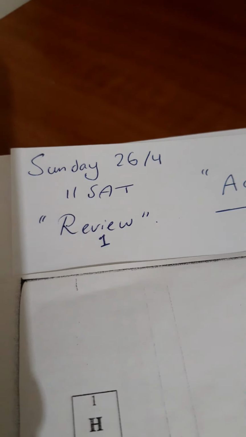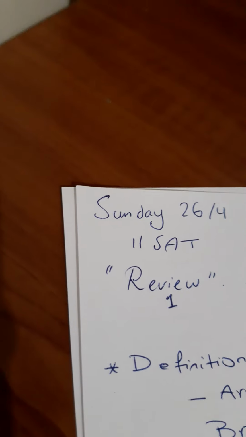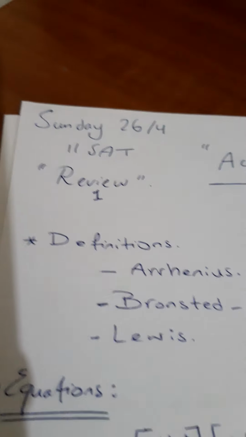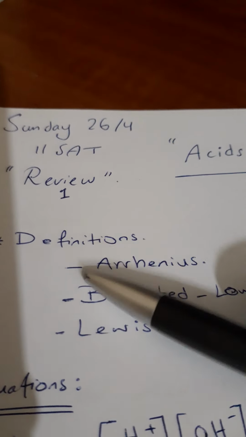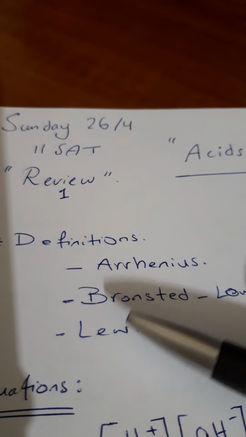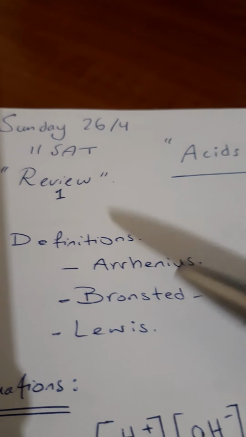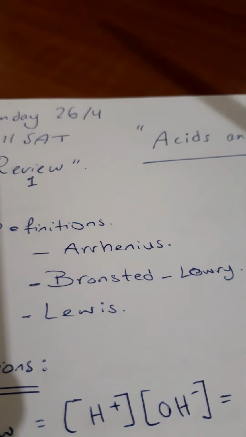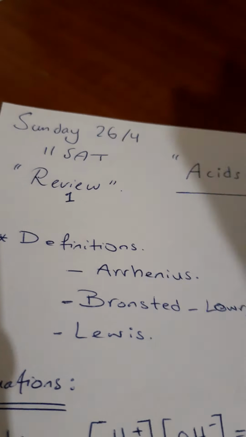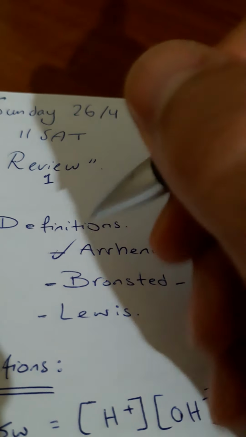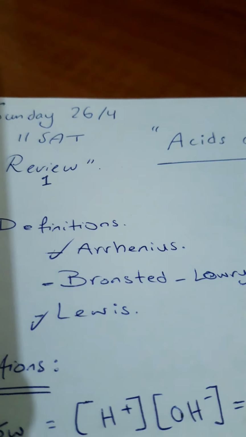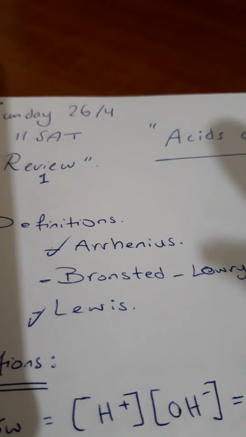What do we need to know about acids and bases? We have to know first of all the definitions. Be careful, we have 3 definitions of acids and bases. We have Arrhenius, Bronsted-Lowry, and Lewis definitions. For Arrhenius and Lewis, all I need from you is to know the definition.